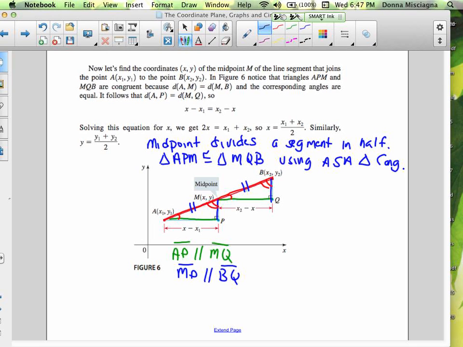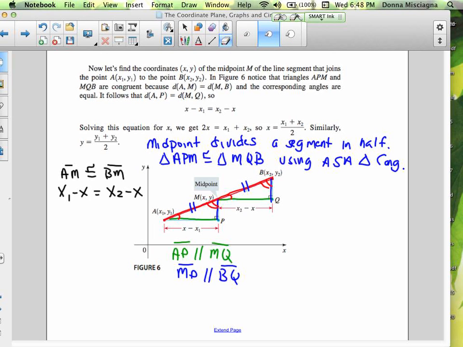All right, so since AM is congruent to BM, that means the difference in the x coordinates is going to be congruent. So that means that x1 minus x is going to equal x2 minus x. I'm going to actually just change the ordering of that, sorry.